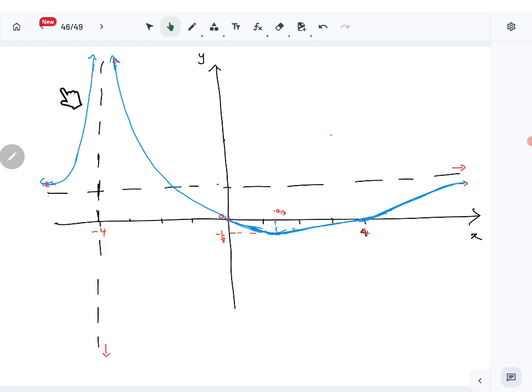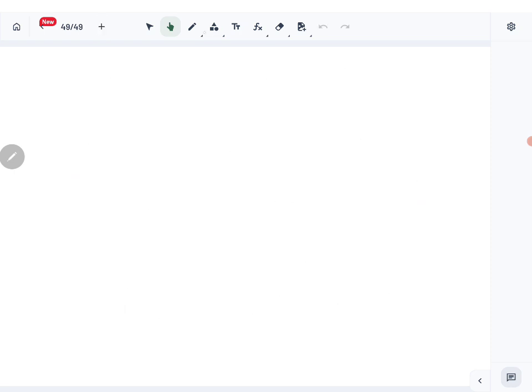You can ignore the rest because they want us to draw x less than minus 8. So you only need to draw everything left of that. So this is the graph shape.